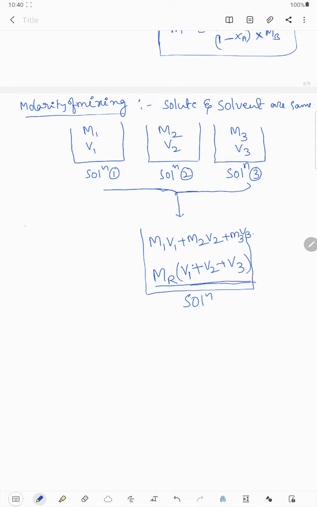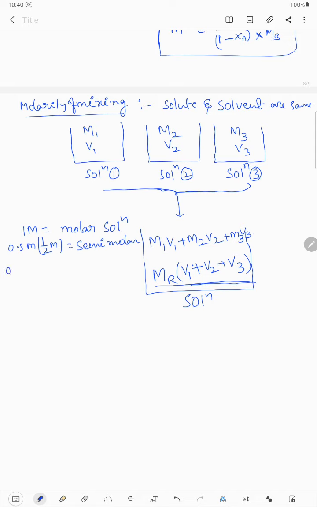So 1m means molar solution. 0.5m means 1/2m, which is a semi-molar solution.